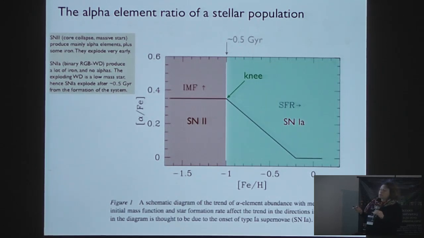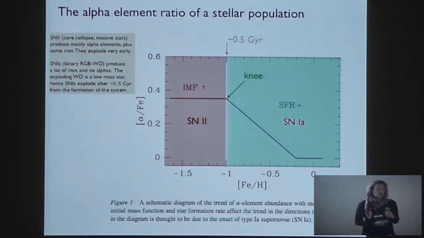It's a bit shorter, but then you have to enrich the medium, the supernova have to expand, the new stars form, it's not really instantaneous, the recycling. So in practice, if you model this thing properly, this more or less corresponds to 0.5 gigayear, even if it's a little bit longer than the lifetime of an 8 solar mass star. More questions on this topic? We will use this diagram a lot, so it is better that we understand it now. Okay.